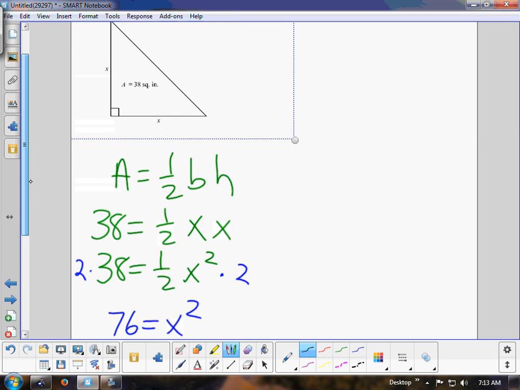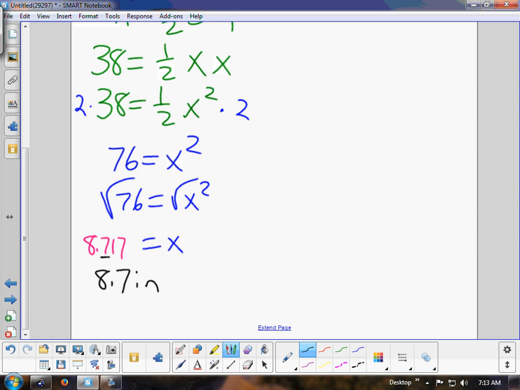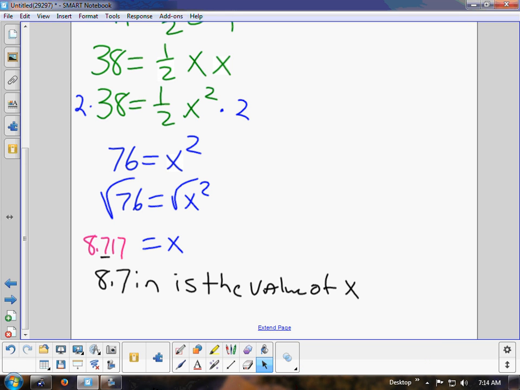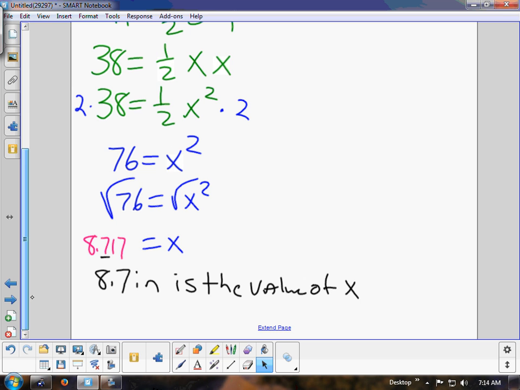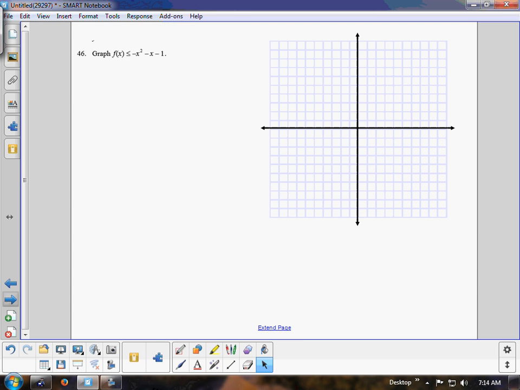Any units marked, it's inches. Okay, so 8.7 inches is the value of x. Okay, this would be a Finney 5 question. Since you rounded, it'd be hard to check this one, but you need to show enough work and state your answer here. Next question, graph this.